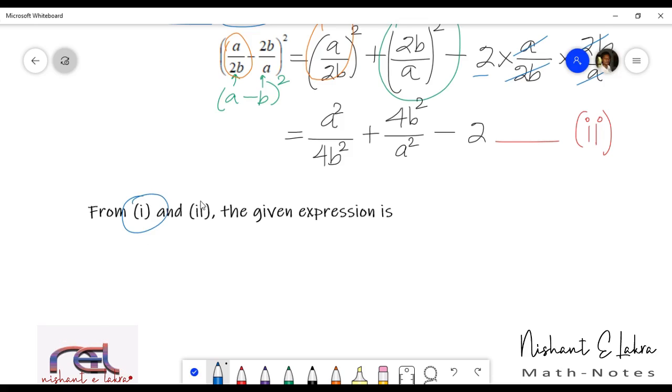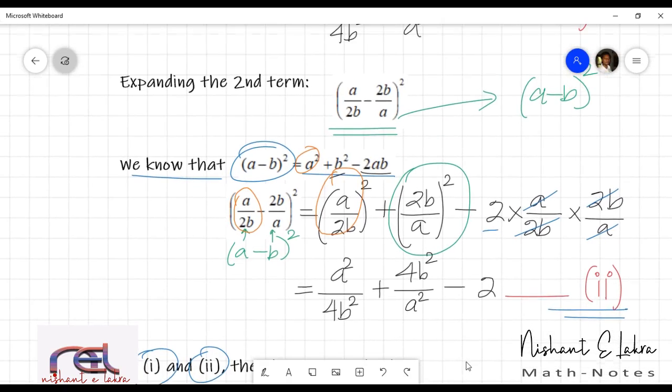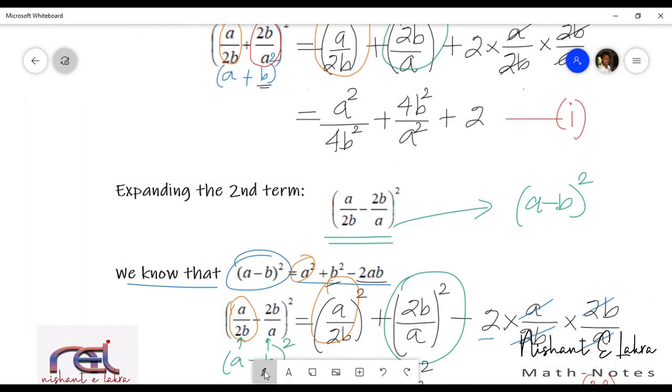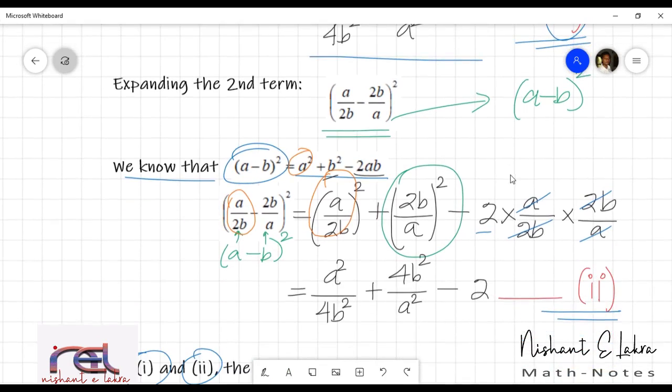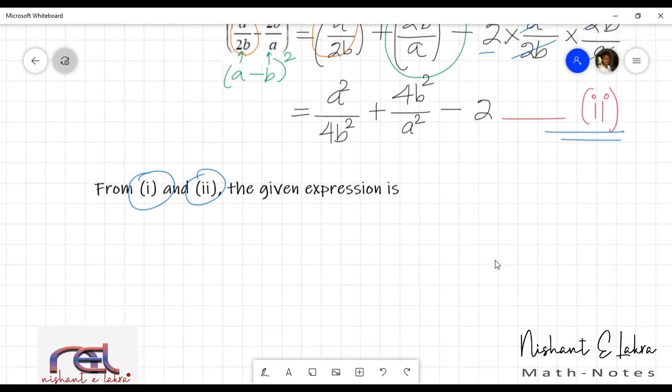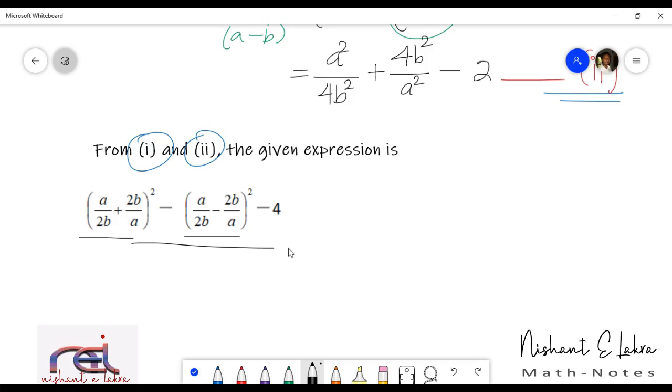Okay, so what we'll do now is, from equation 1 and equation 2, the given expression is this. This is equation 1, and the equation that we just found a while ago is equation number 2. So we will be replacing the values here. This is the question that is given, right?